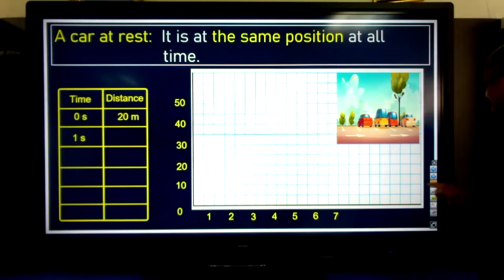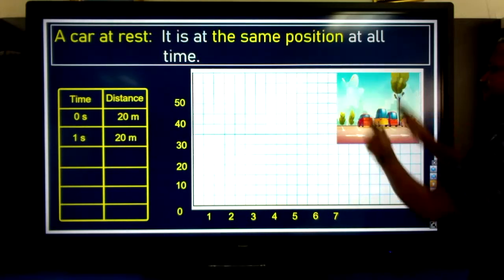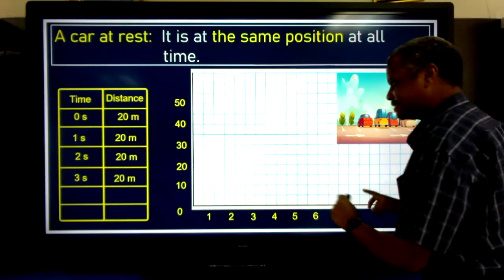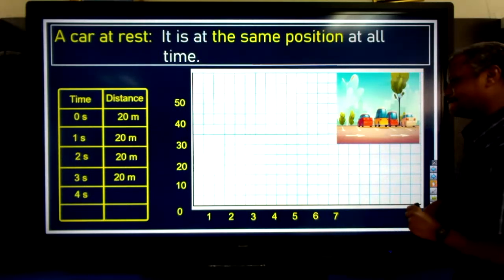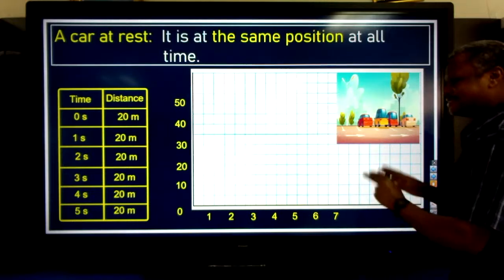At 1 second, still at 20 meters. There's no movement, same position. At 2 seconds, no movement, 20 meters. At 3 seconds, still at 20, it's stationary. At 4 seconds, still at 20 meters. At 5 seconds, it's not moving.